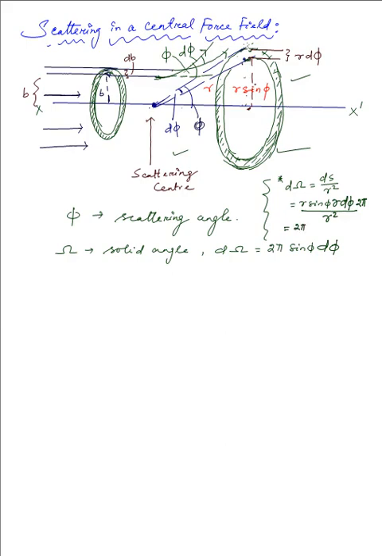The r terms get cancelled out, the r over here cancels with the r squared in the denominator, and we have 2 pi sine phi d phi. Now that's the expression written just below, which is the relation with the solid angle, or the differential of the solid angle.